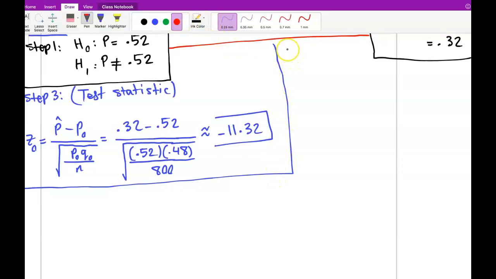Okay, then step 4. Finding the p-value. How can we find the p-value for this part? Because we don't have greater than or less than, we have not equal to. Well, that means we have a two-tail test. So this part is two-tail.